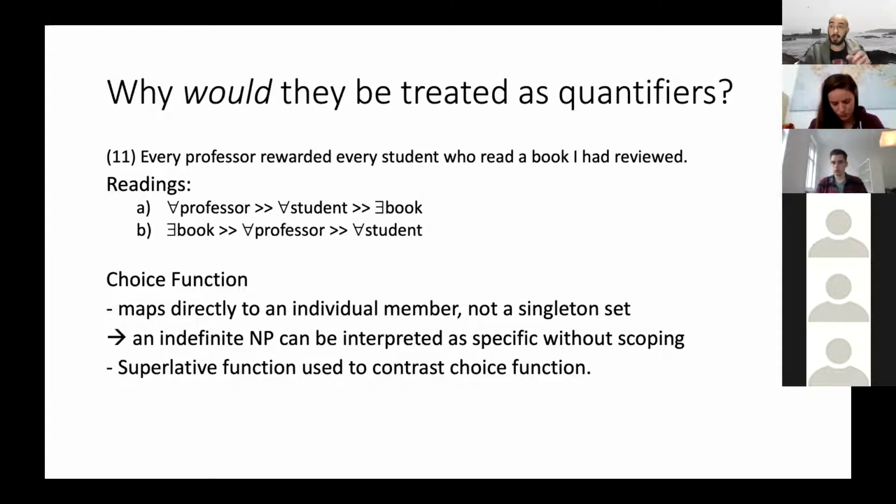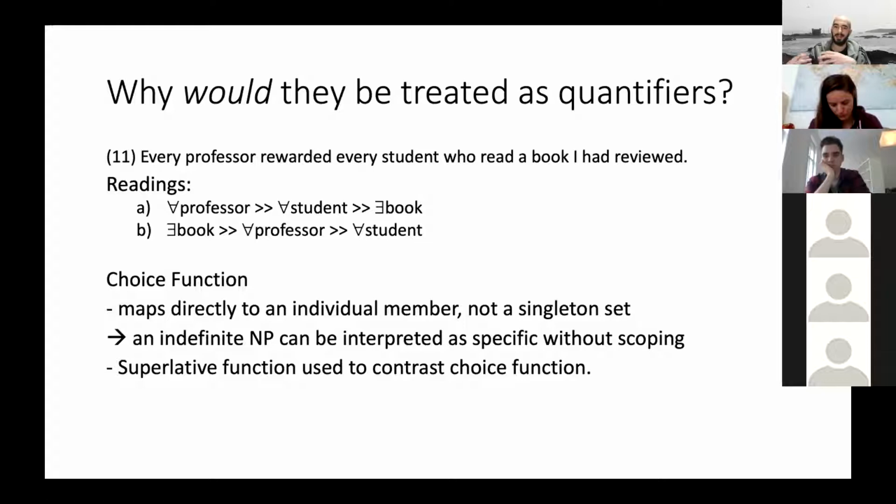If it's 2, it's still fine, because a group of 2 books satisfies the definition of the existential. And if it's 10, it is also fine. But if we use a choice function, then we need a domain of books that I had reviewed, and then the choice function is going to pick one specific book out of this domain.